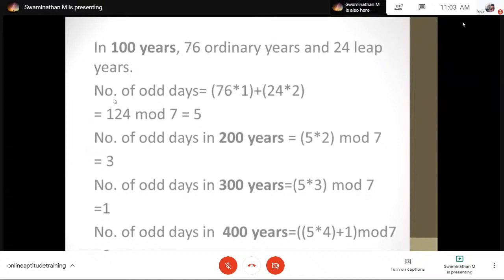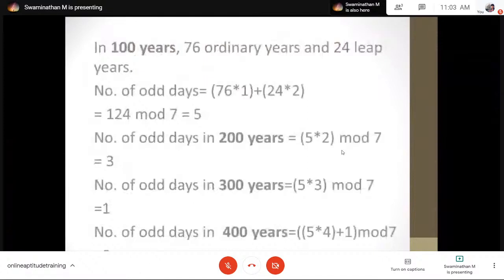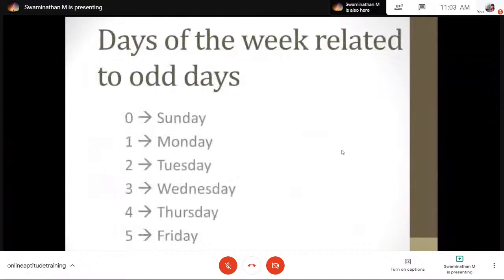Okay, I go to the next topic, that is, comparing days of the week with odd days. I'm mapping 0 odd days to Sunday, 1 odd day Monday, 2 odd days Tuesday, 3 odd days Wednesday. So far we have seen how many odd days there are in a year, in a century year, for 200 years, 300 years, and 400 years.